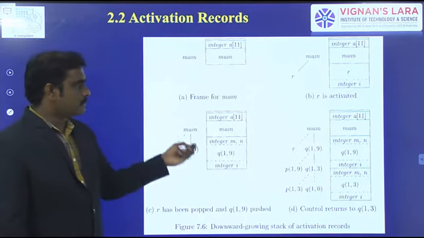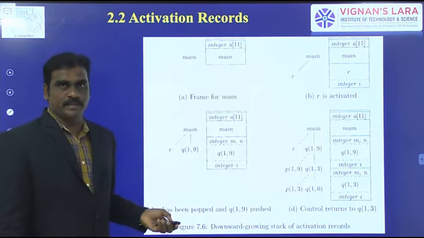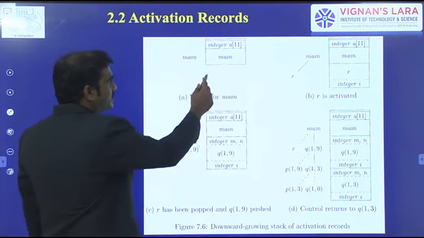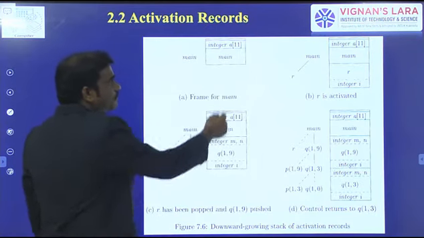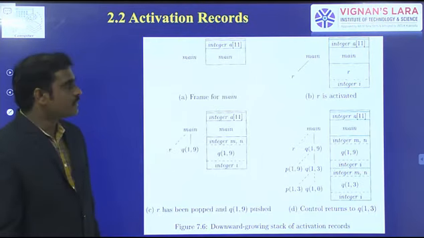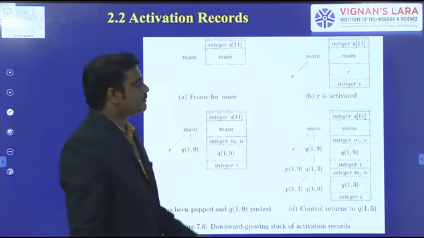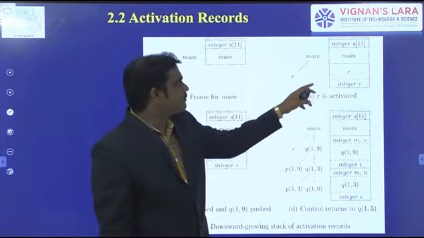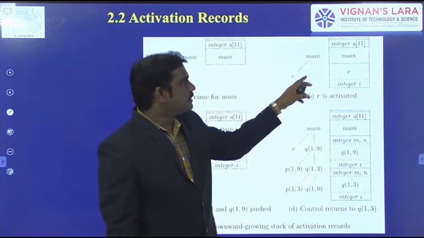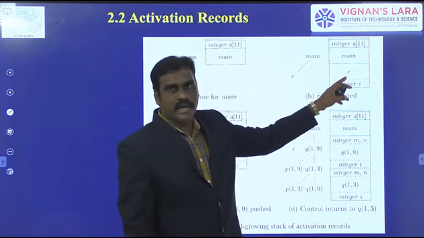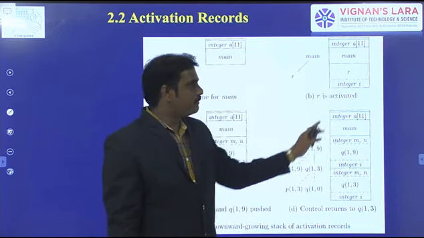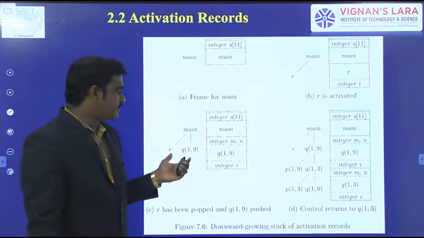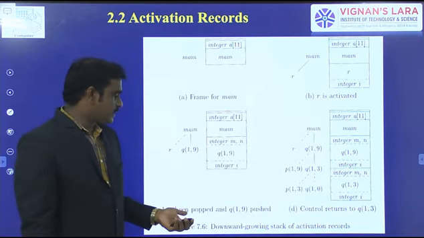And this is the example. First, this is the main program. And the second one is R is activated. What is R? Read array. So main, R is activated, that means read array. And the next one is apply the quick sort.